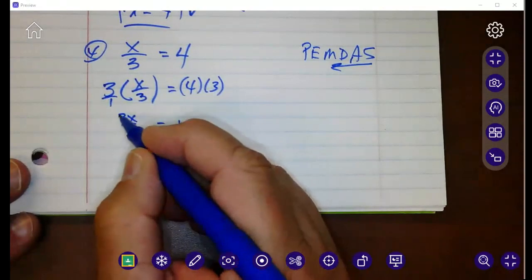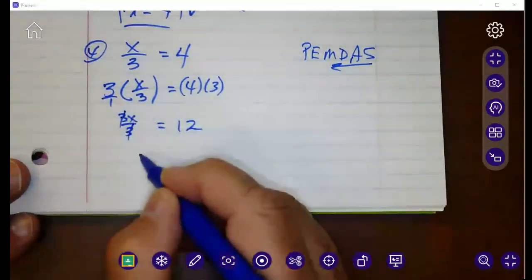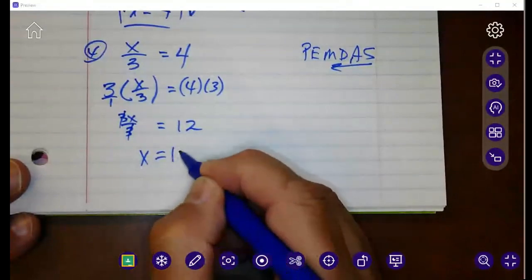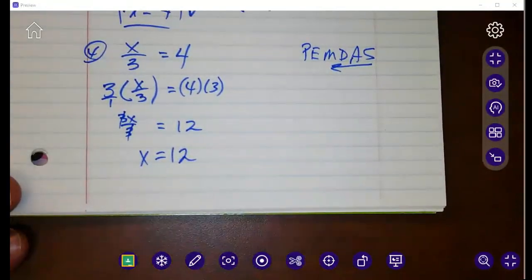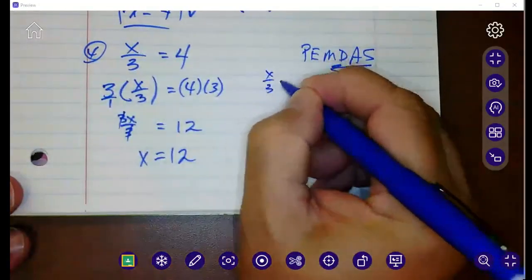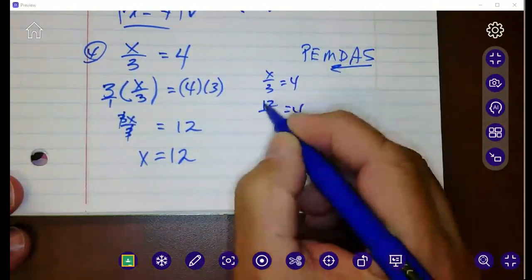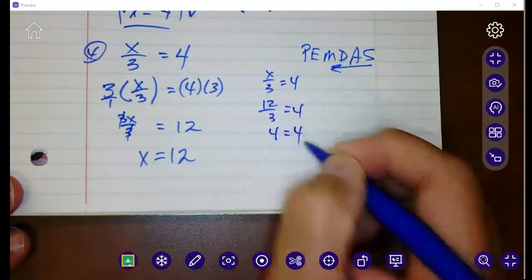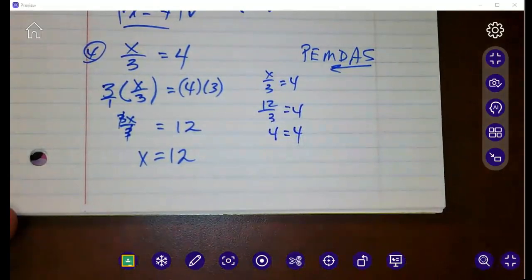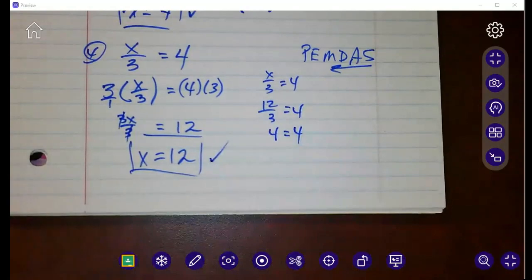Because 3 is now a common factor in this fraction, it will divide out, and we're left with x equals 12. I can check my answer by taking the 12 and plugging it back in. And I get 4 equals 4. So this is the solution to the equation.